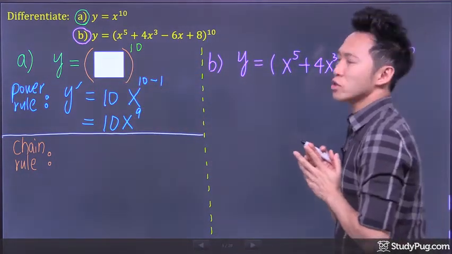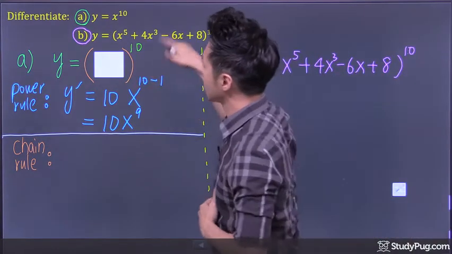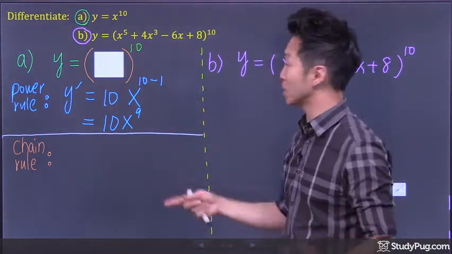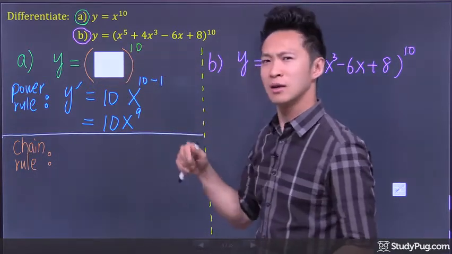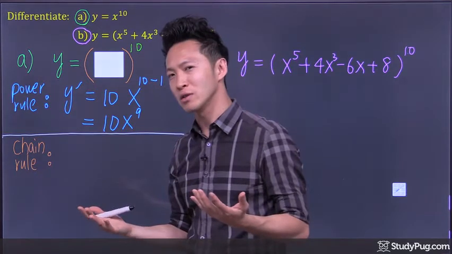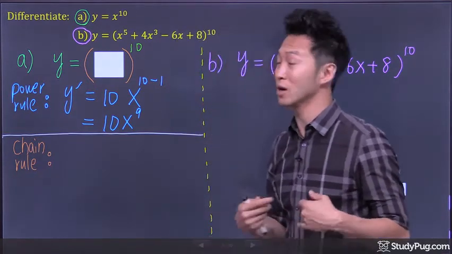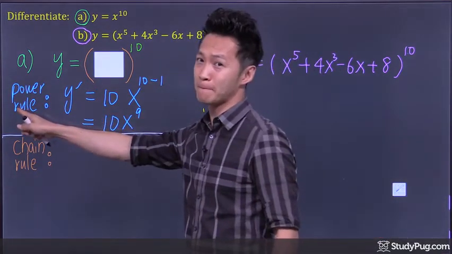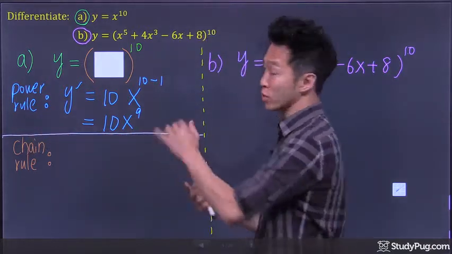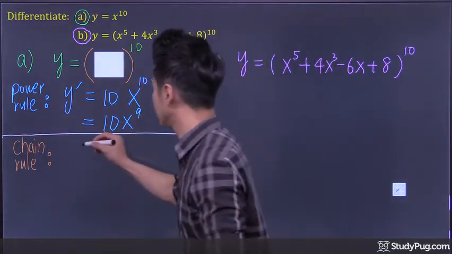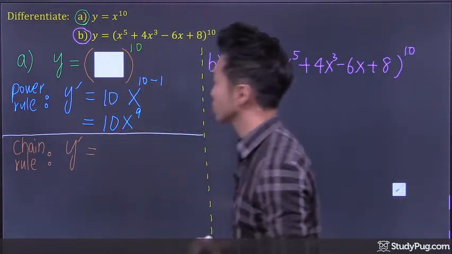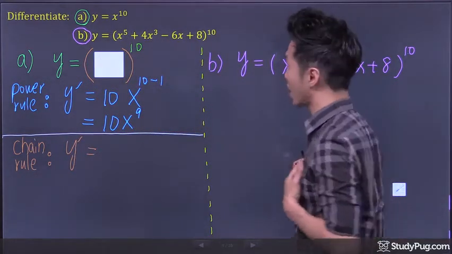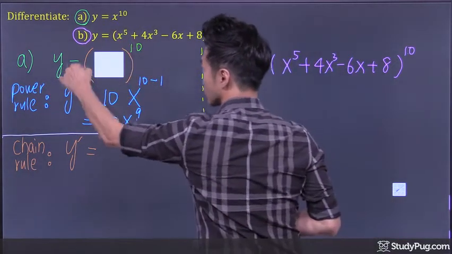Cool. So let me ask you, what kind of function do you see here? Well, it's a power function because we have a bracket to the power of 10. So whenever we see a power function, how do we find the derivative? We use the power rule, right? Yeah, so let's use the power rule as before. So to find the derivative, y prime is equal to, so power rule tells us that we can bring the exponent to the front.